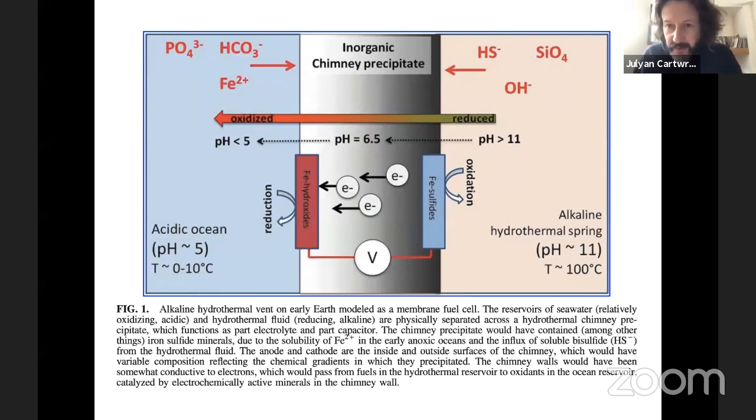And pH gradients also. So you can, in fact, liken it to a membrane fuel cell, which is basically what little cells are, a sort of fuel cell. And this is another reason why it's seen as being very possible that hydrothermal vents could have had something to do with the origin of life.